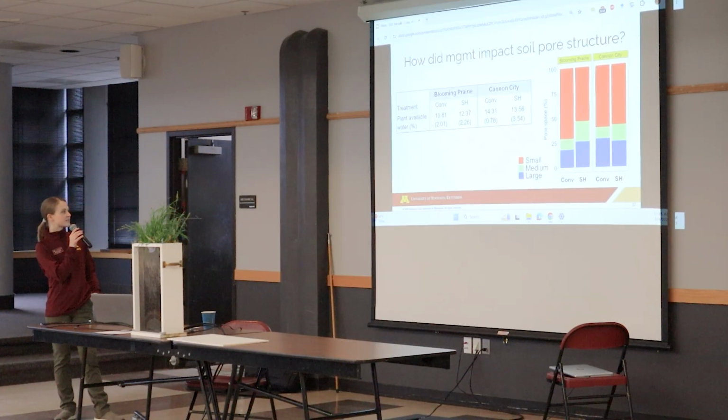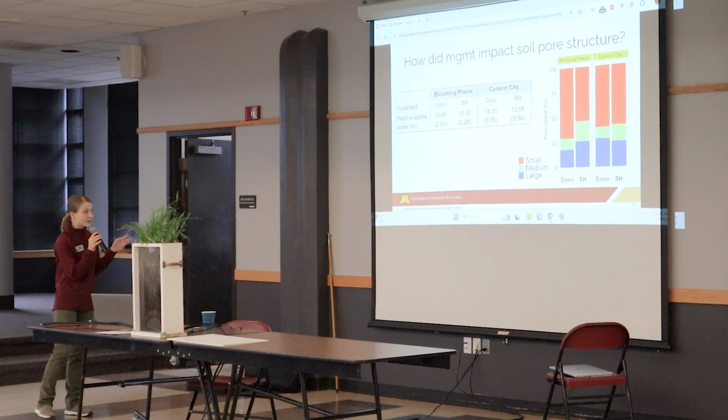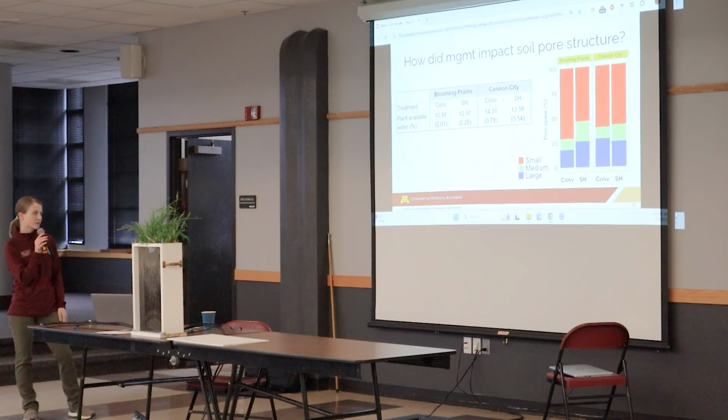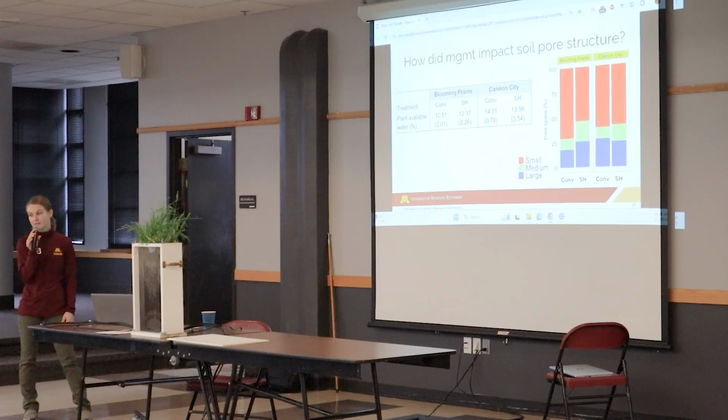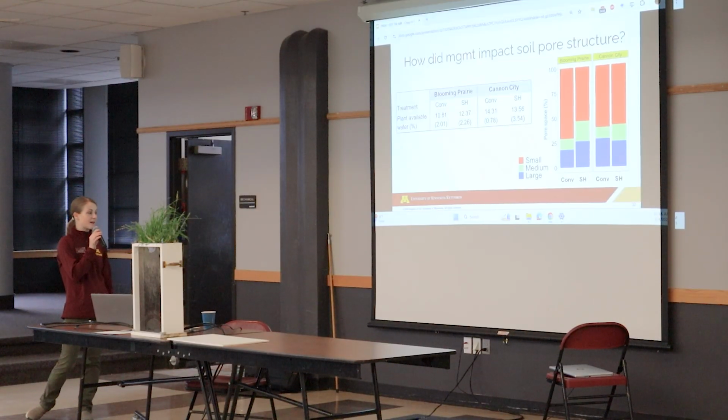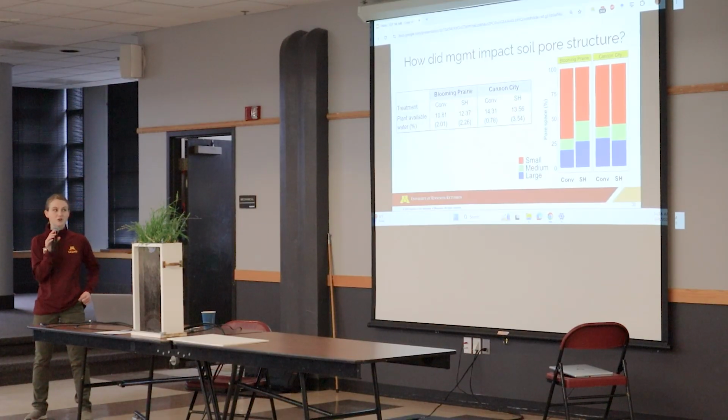We had 2 different systems, we had 2 different locations we were looking at. The Blooming Prairie system, which you just saw in those photos, and we also had this Cannon City location, which was about 30 minutes away from those other sites. In the conventional system, in both sites, we saw that those systems had fewer large pores, so fewer water-moving pores and reduced infiltration capacity, and also much more of those small pores, so where water is not easy to extract.